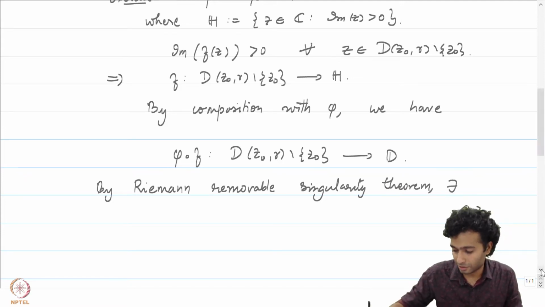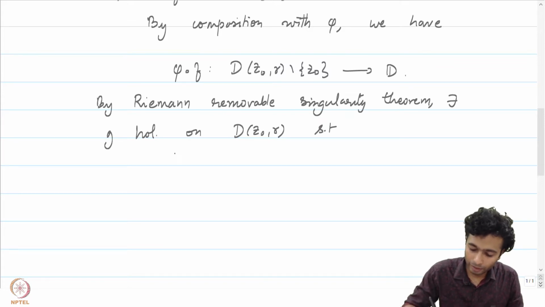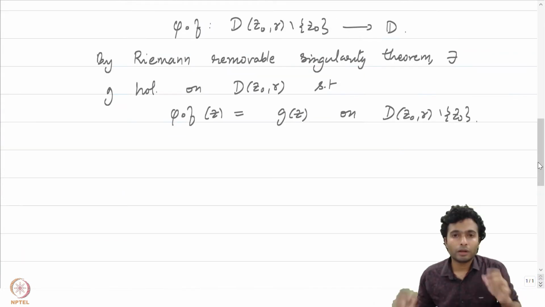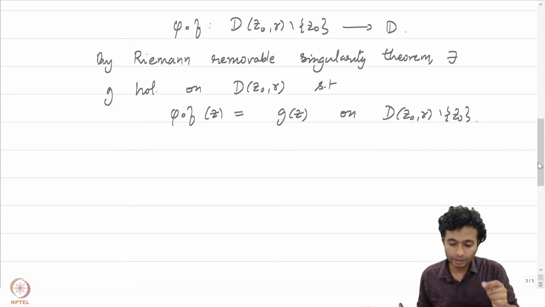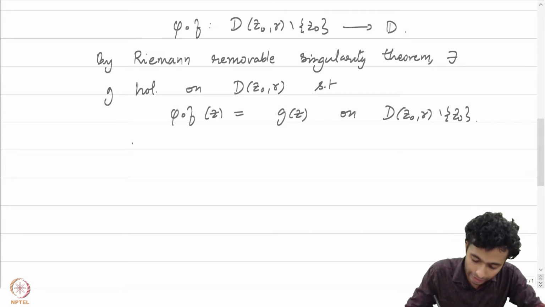By Riemann removable singularity theorem, there exists a function g holomorphic on D(z0, r) such that phi composed with f of z is equal to g of z on D(z0, r) minus z0. Now, the key thing is that g is going to map D(z0, r) into the set of all z such that mod z is less than or equal to 1, right?